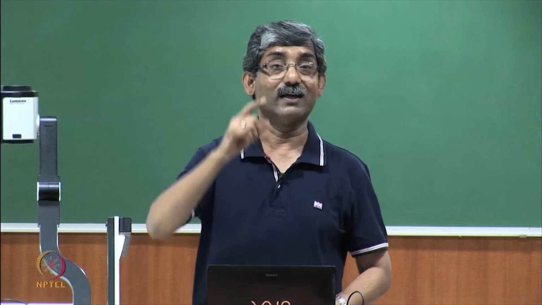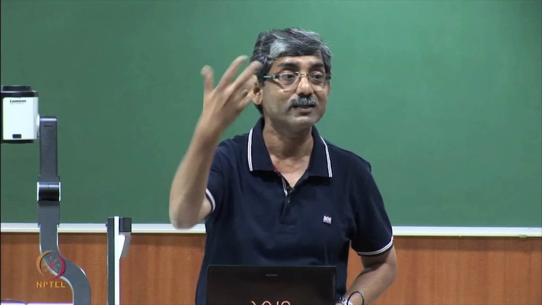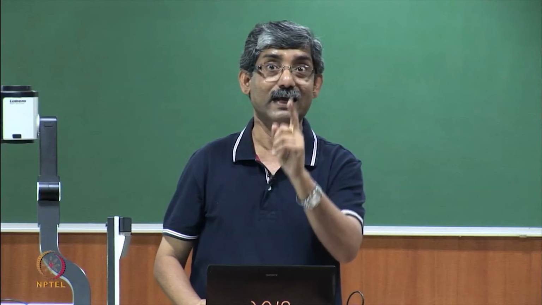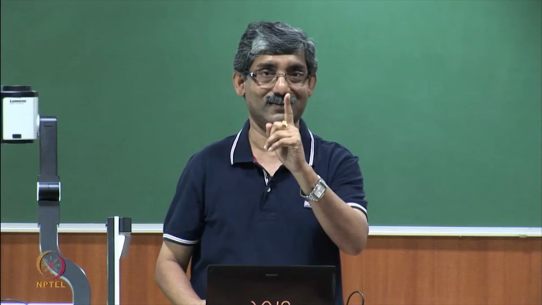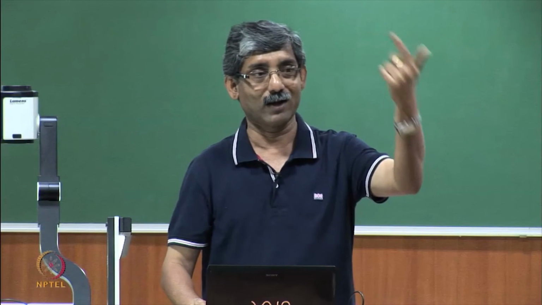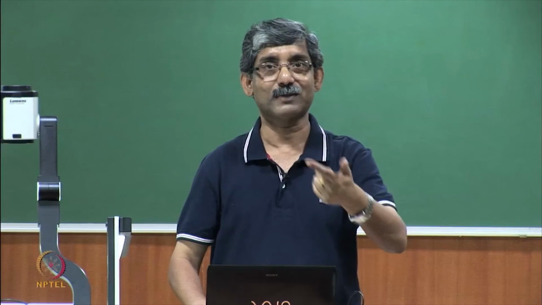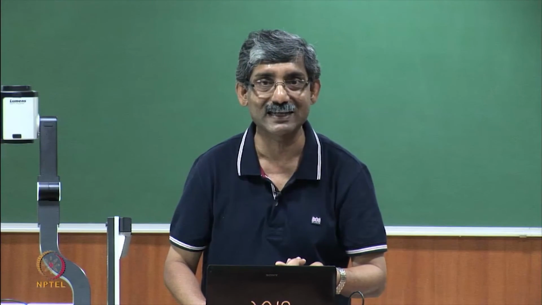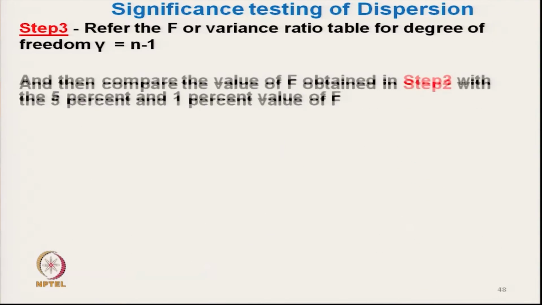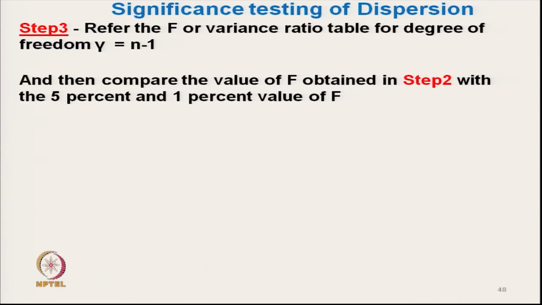Assumptions: the F value should be more than 1, always it will be more than 1, because an F value of 1 exists only in one case, only when the standard deviation of sample 1 and the standard deviation of sample 2 are exactly the same. In that case only the F value will be 1, but if the standard deviations are the same, then we do not need to calculate the significance test.